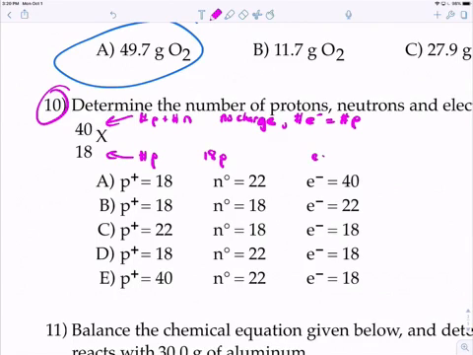So electrons equals 18. Number of neutrons is equal to 40 minus 18, which is 22. 18 protons, 22 neutrons, 18 electrons.